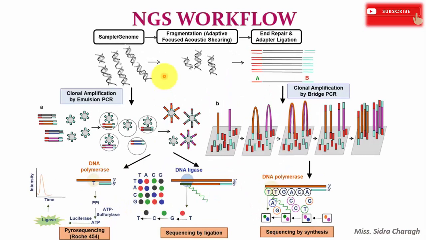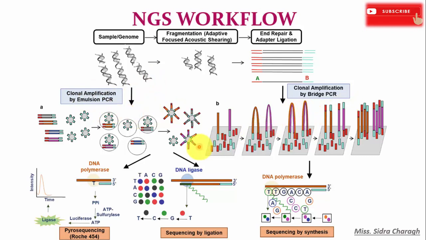So now let's discuss how NGS works. In next generation sequencing, the first step is preparation of the DNA sample. The DNA sample is purified and then fragmented, and the next step is end repair and adapter ligation. After adapter ligation and preparing a library, the next step is clonal amplification by either emulsion PCR or bridge PCR.